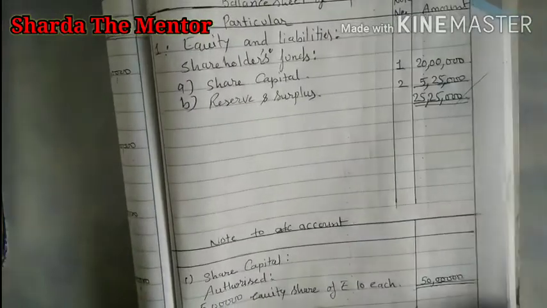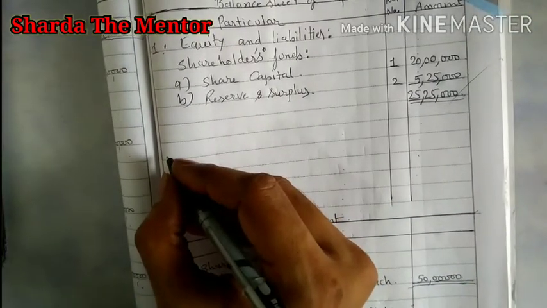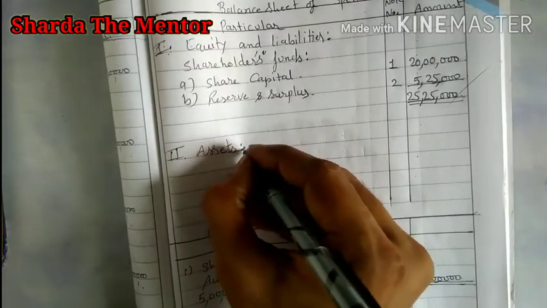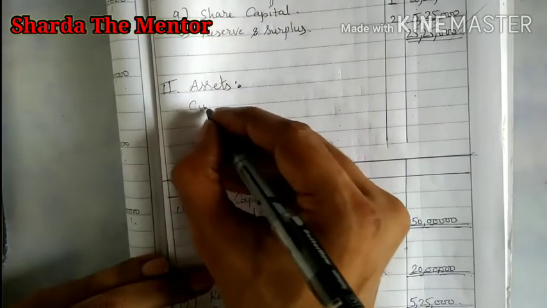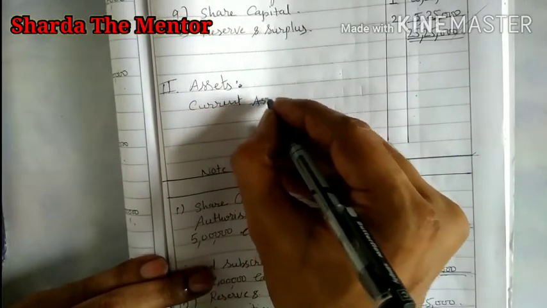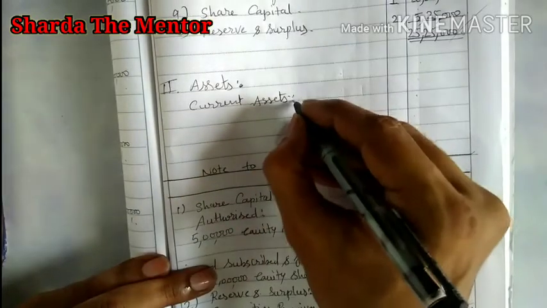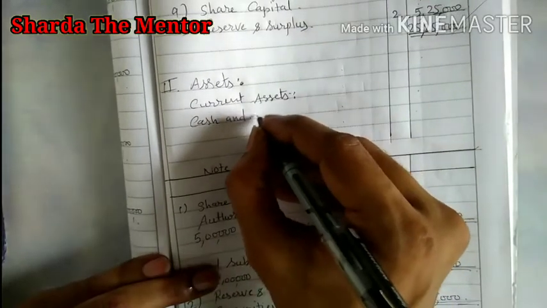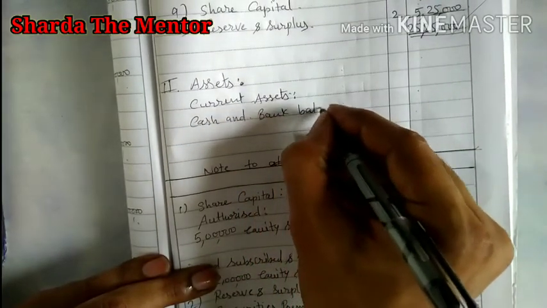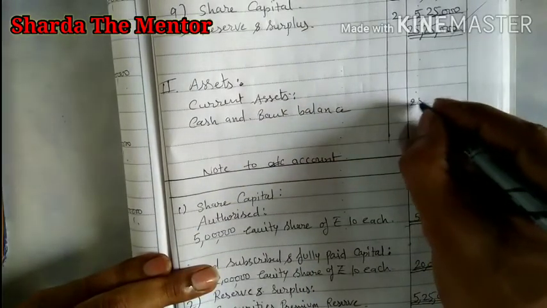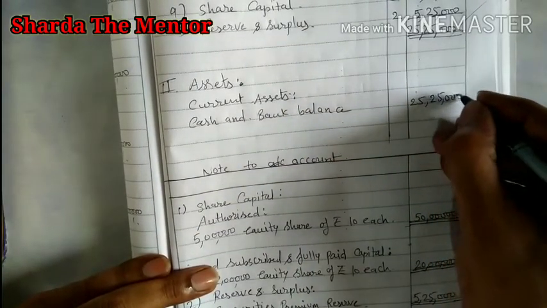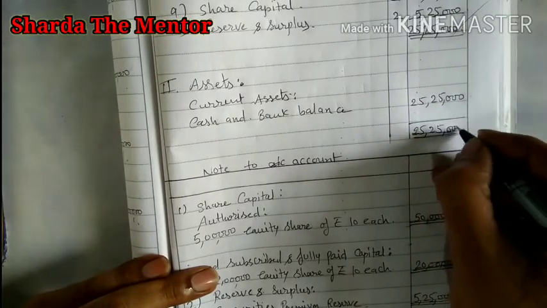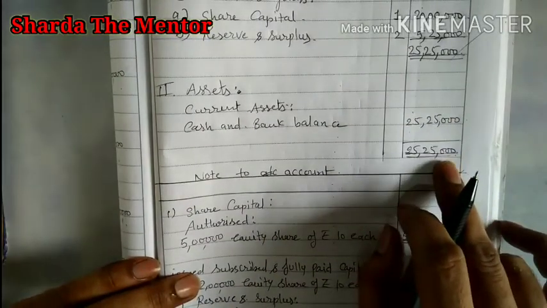So here in the balance sheet you will show it under assets. As fixed assets are not there, in the current assets we will mention cash and bank balance, that is 25 lakh 25,000. So as you can see, whatever liability is created, against that assets are also created.